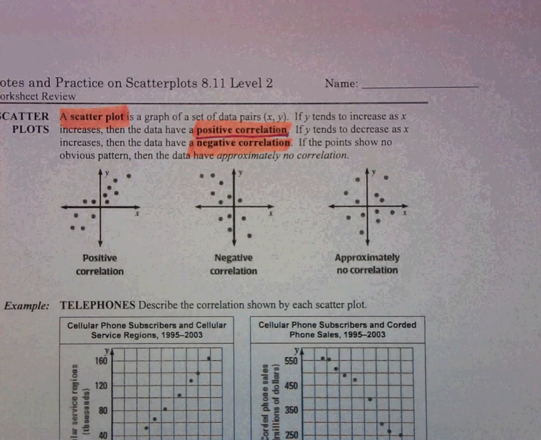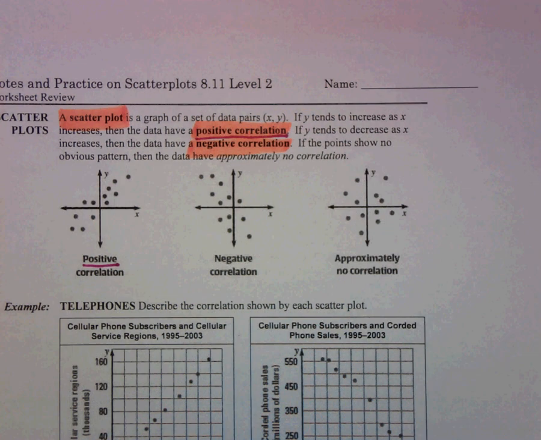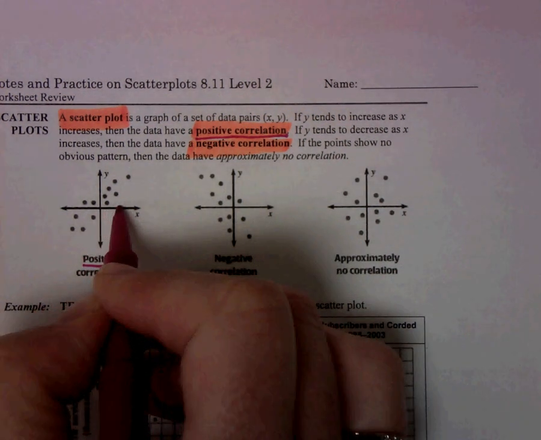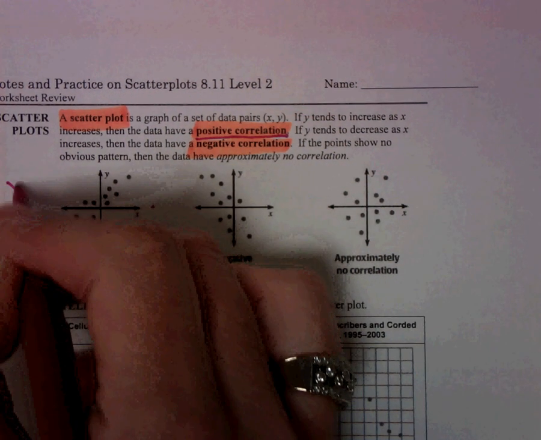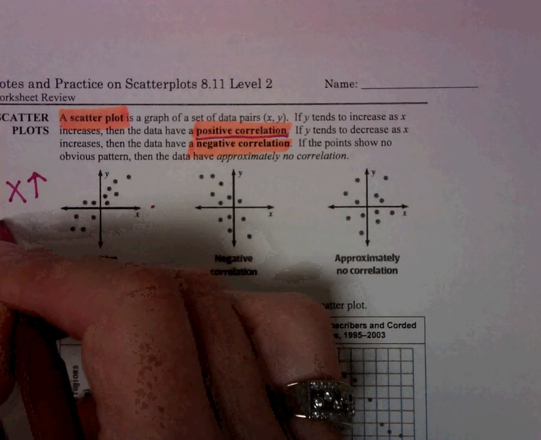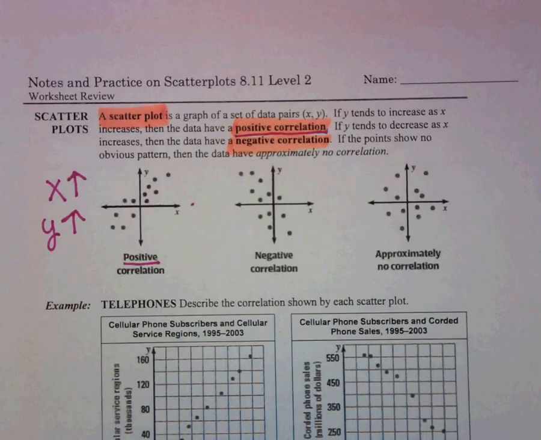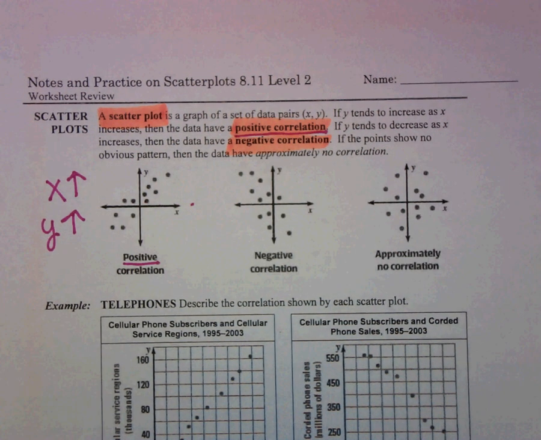It's correlated, it's related. And so this one right here is an example of a positive correlation. Notice as the x values go up, the y values are also going up. Okay, it's a positive trend, a positive correlation, a positive association. Those are all words that you'll see related to that.